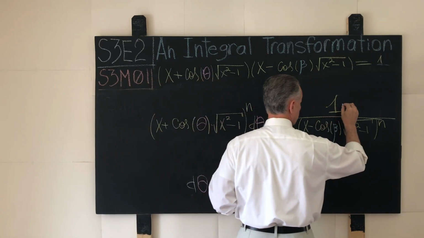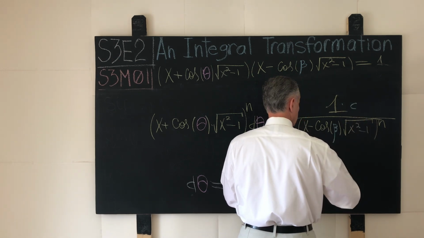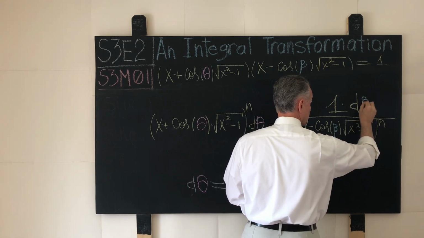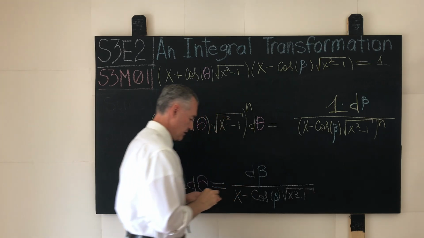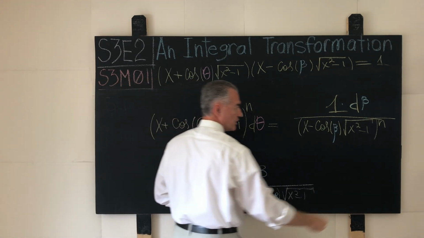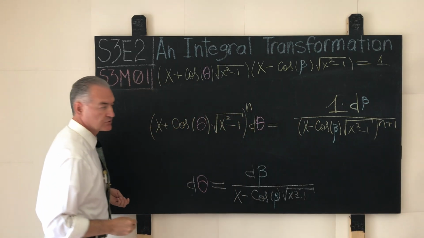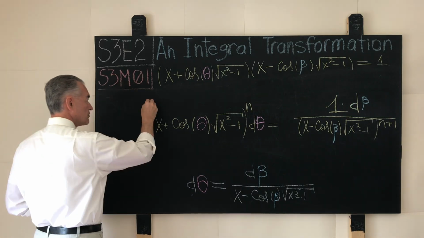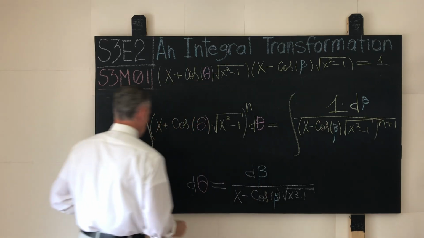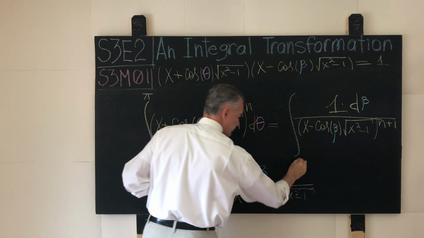This will be 1 times d beta, but we have one copy of x minus, which is this guy, so we add plus 1. So far so good. Now we integrate both sides. We integrate both sides over the same boundaries, 0 to pi, 0 to pi.